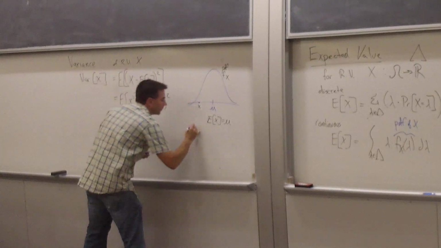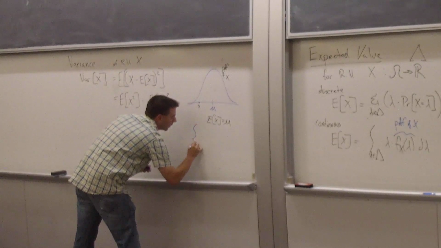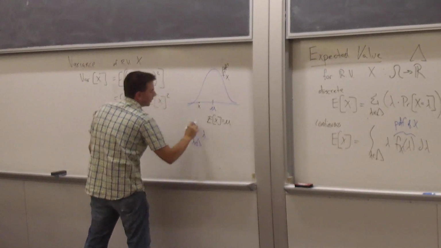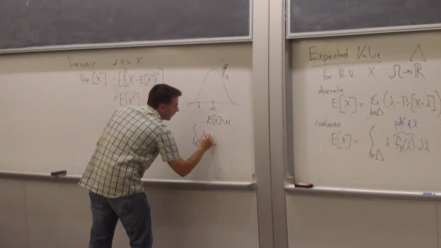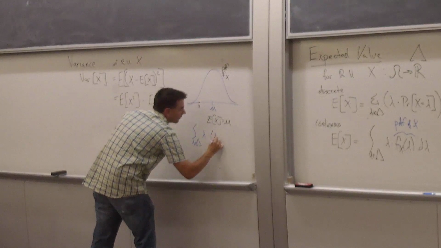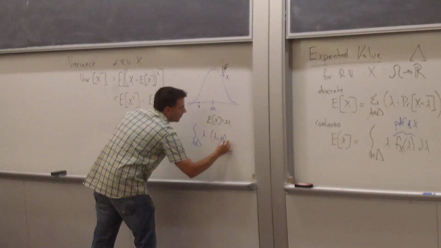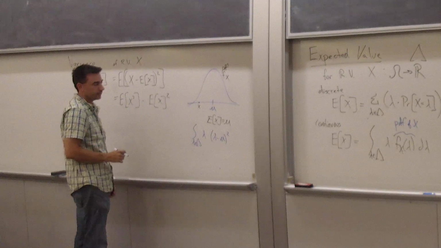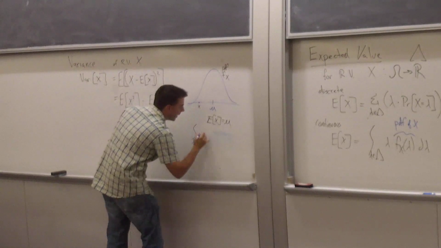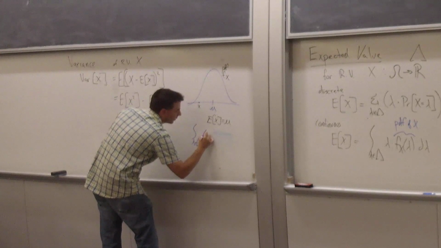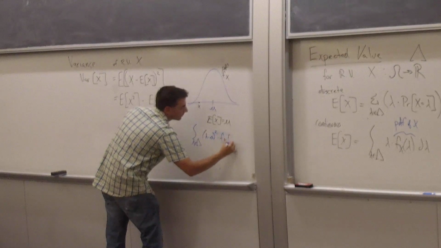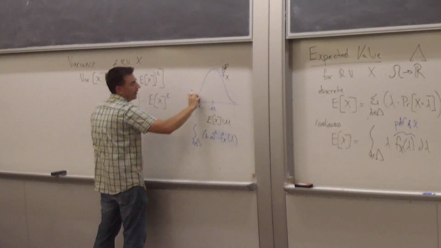So this is an integral over these lambda values, of the difference between lambda and mu, squared, times the PDF, the height.